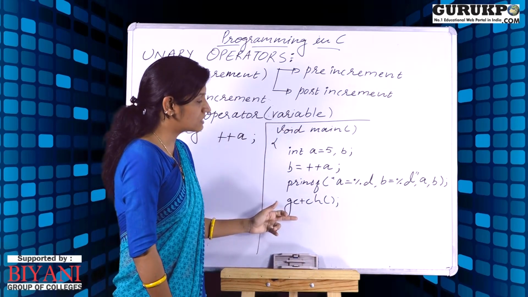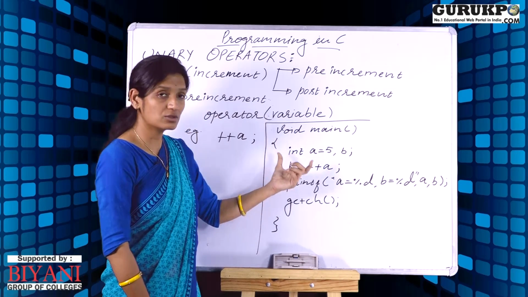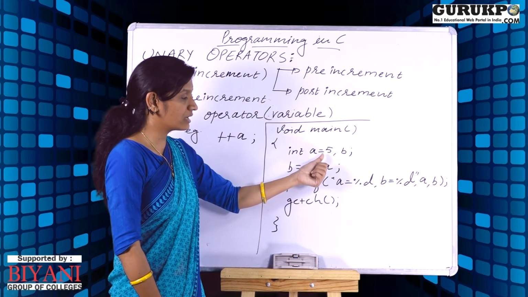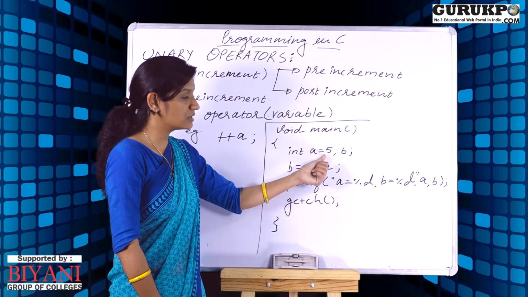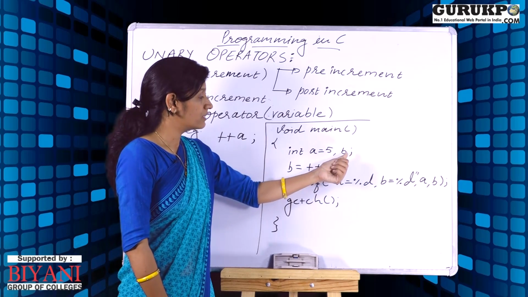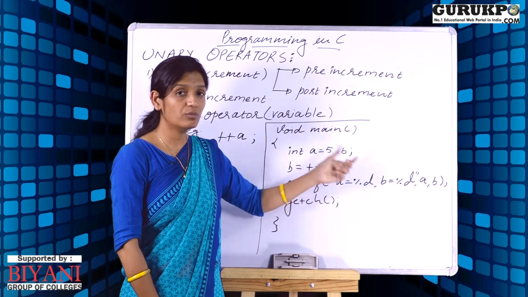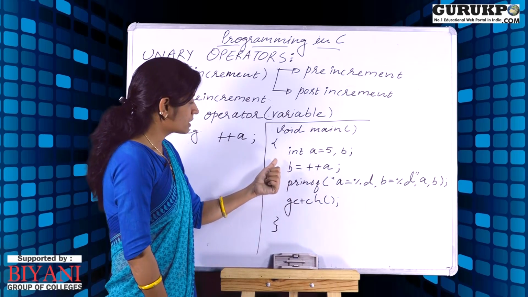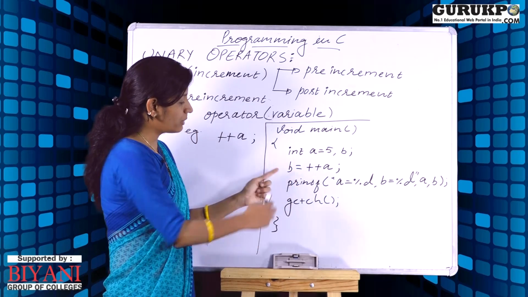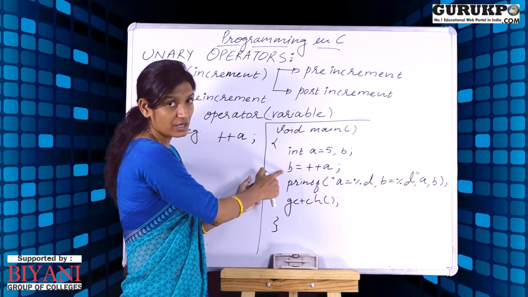As we can see in this example, suppose we are taking a short example. We have declared a variable A as integer and its value is 5. Then we have declared a variable B, both of integer type. So what will be the value of B after this statement?